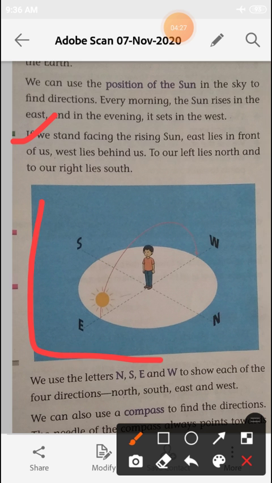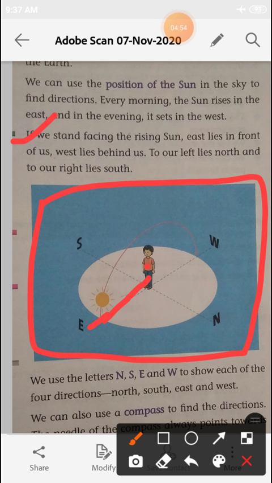Look at this picture. This picture shows the directions. This is a boy. He is standing on the ground on the east side. He stands facing the rising sun.